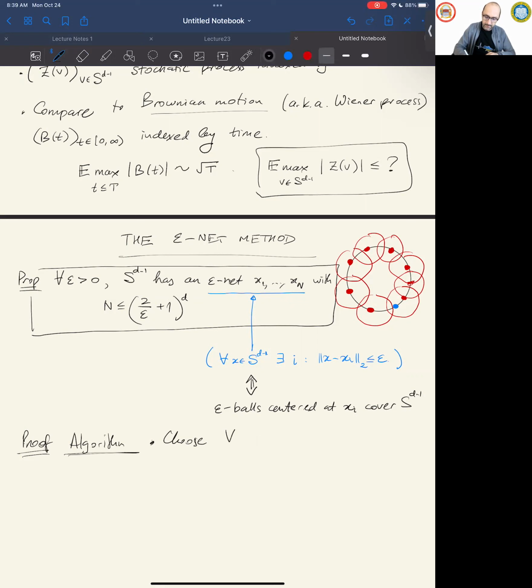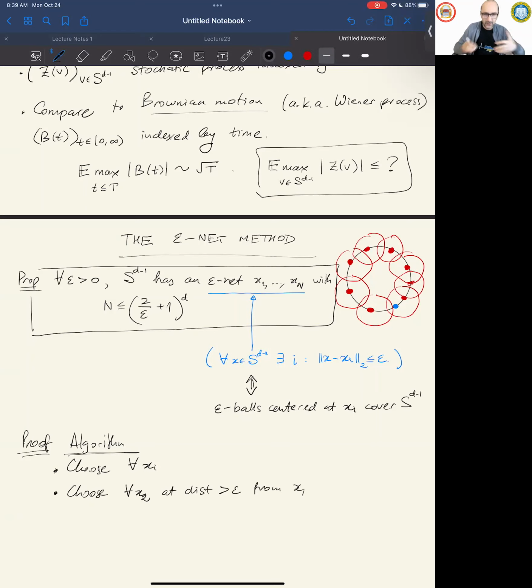Any x1 on the sphere. Second step. Choose any point x2 at distance at least epsilon from x1.